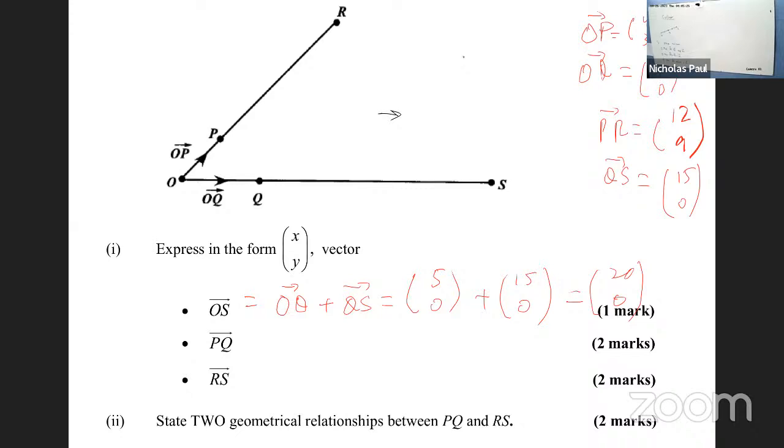Right, PQ. How do I get PQ? For your line P to Q. So PQ is what? Look at the triangle. How are we getting from P to Q?